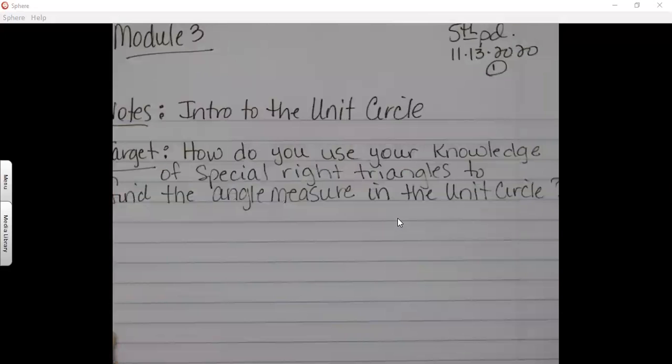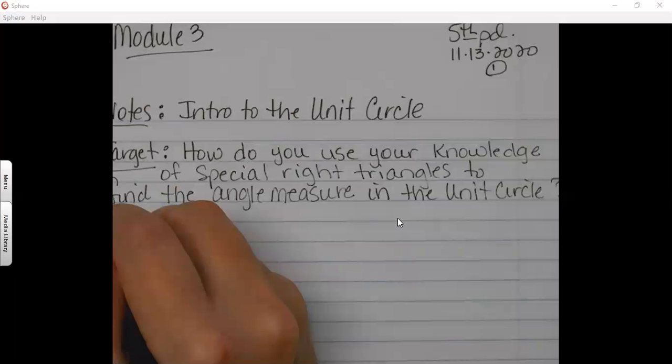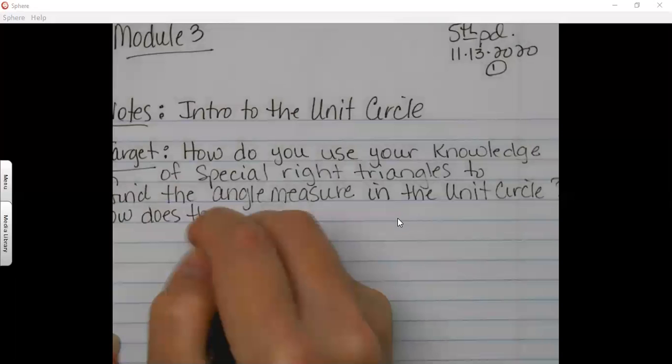And then how does this help us find the ordered pairs on the unit circle?